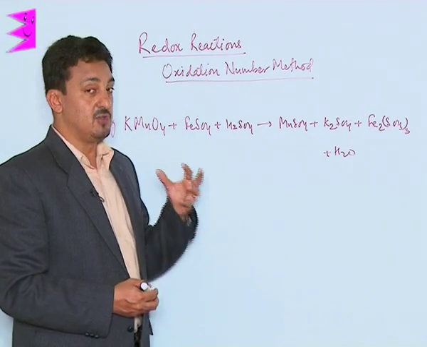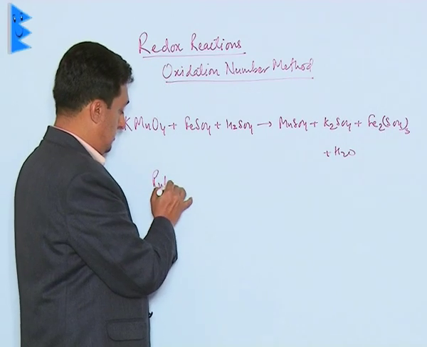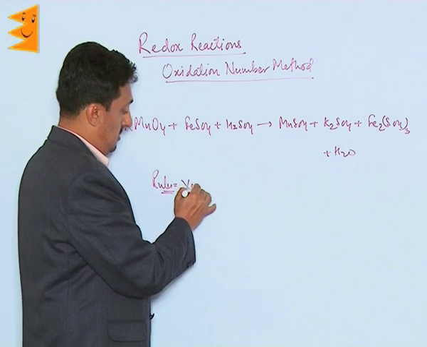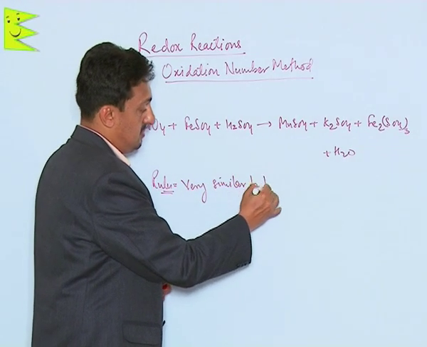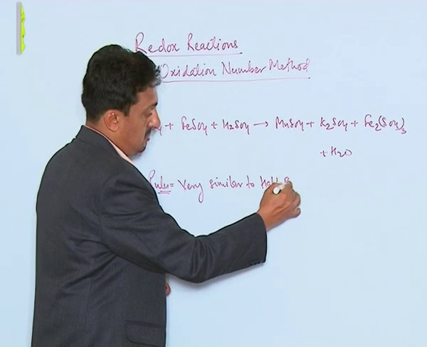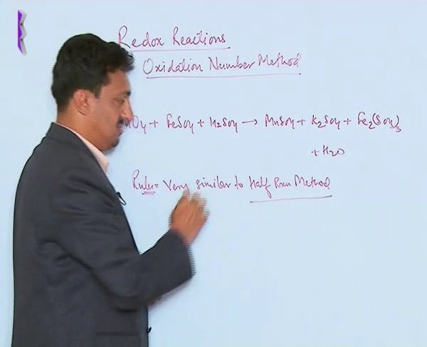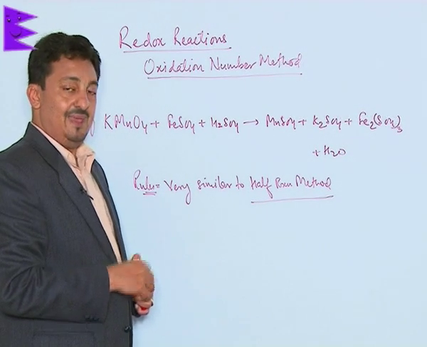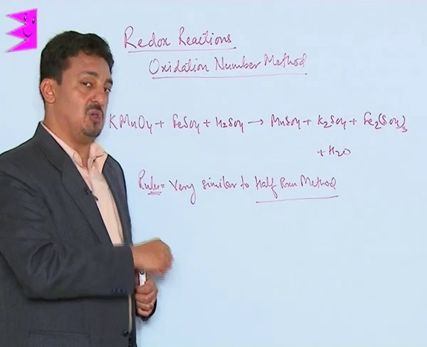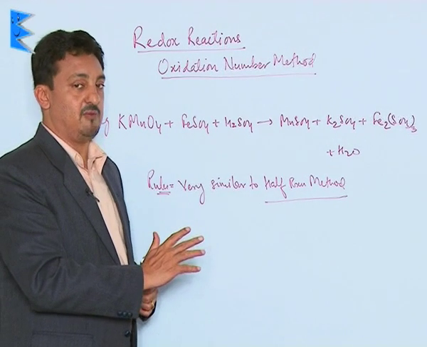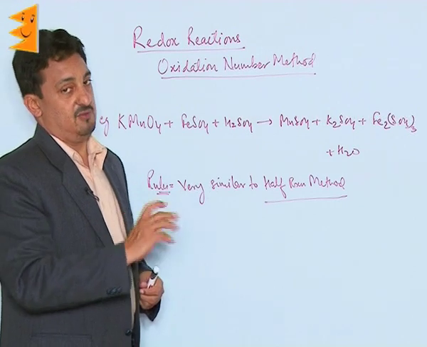Now you need to know the rules. The rules are very similar to the half reaction method, except that we can't add any H+ or OH- ions in this type of reaction, because no ions are involved except the water molecule.